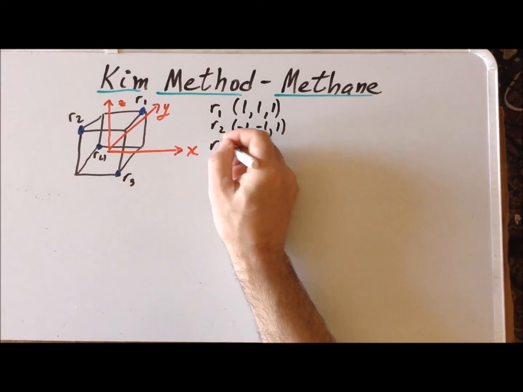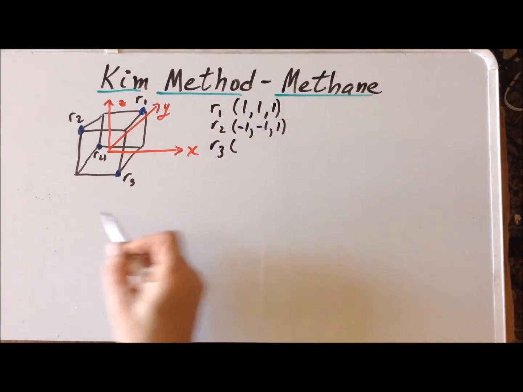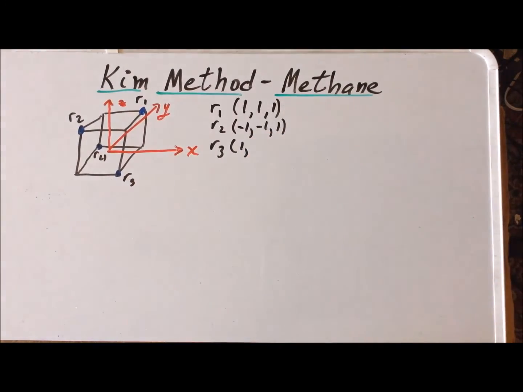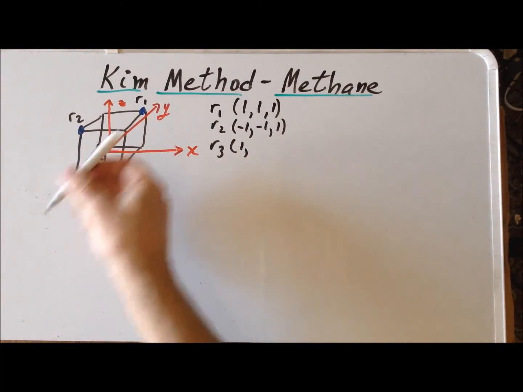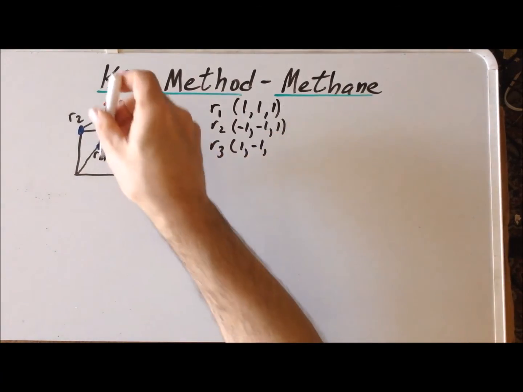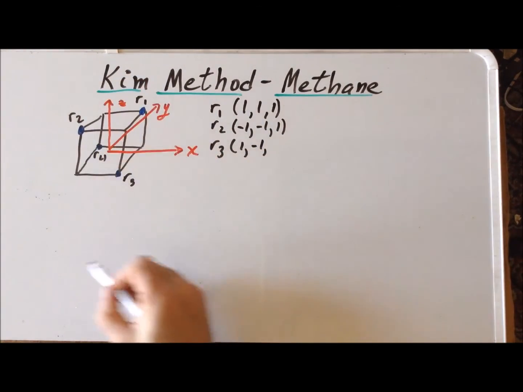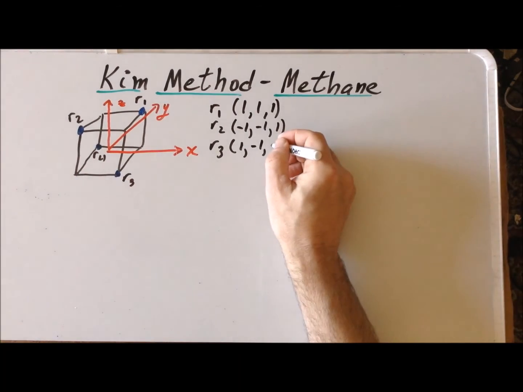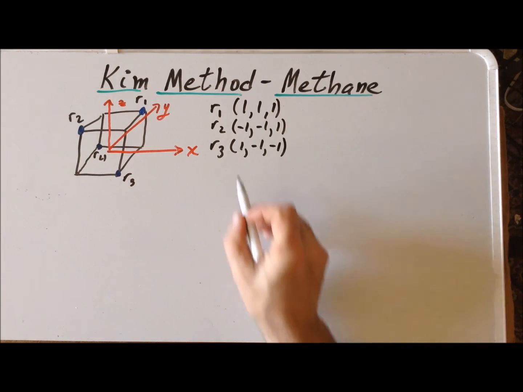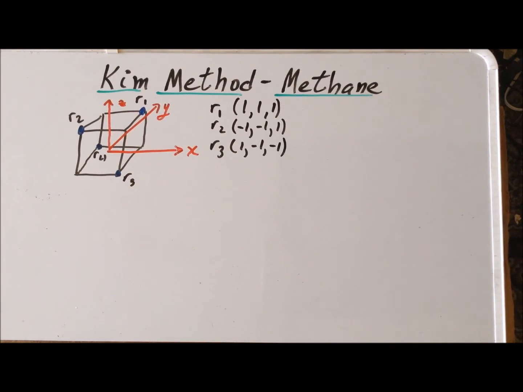For R3, we can reach R3 by going 1 unit in the positive x direction. We have to come back in the y direction 1 unit, so that's -1. And to get to the bottom face of the cube, we have to go -1 unit in the z direction. So its coordinates are going to be 1, -1, and -1.